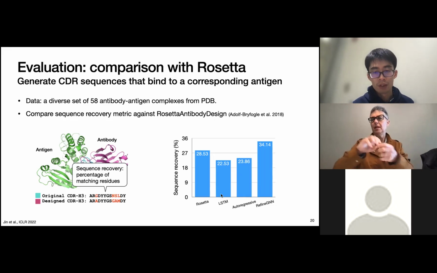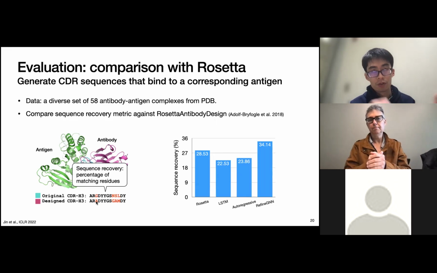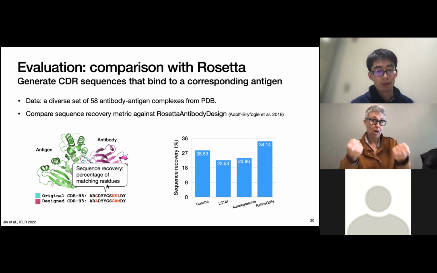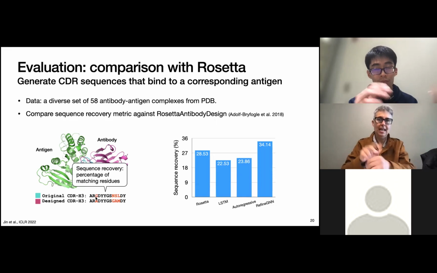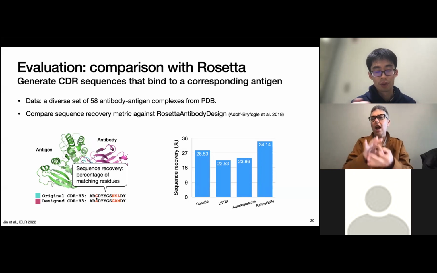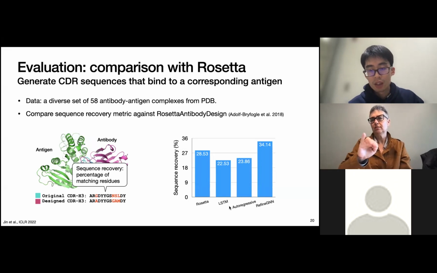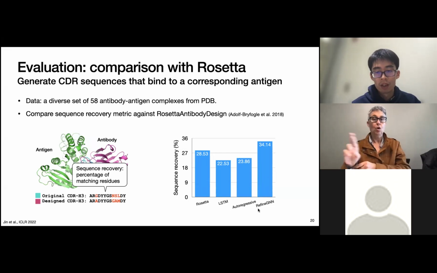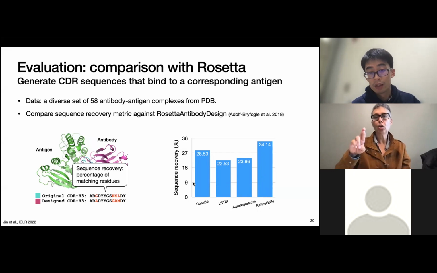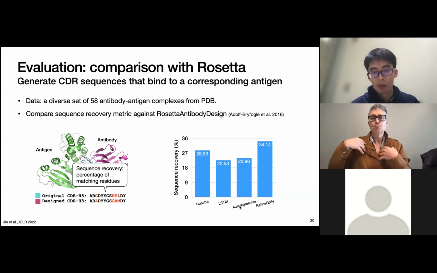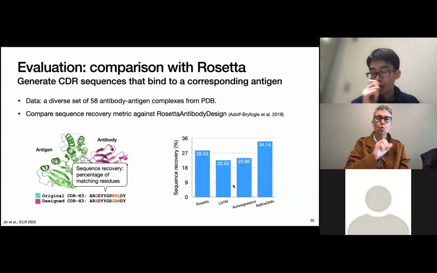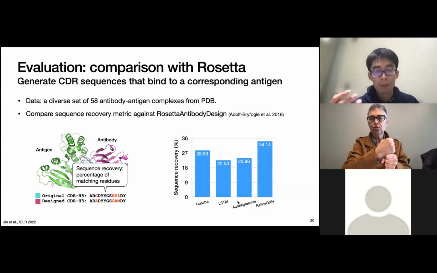Just to clarify, sequence recovery means the percentage of the residues that match the native sequence, the ground truth in the crystal structure. You can see on the right that our model, called RefineGNN, does achieve a higher sequence recovery rate compared to Rosetta and also the other generative model-based approaches.